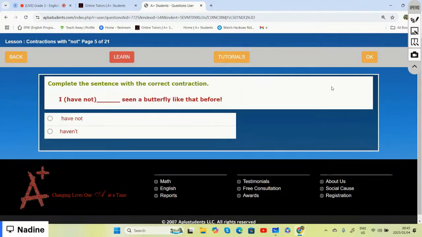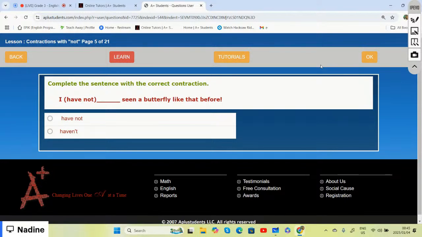All right, let's do one more. It says, I have not seen a butterfly like that before. So have not.